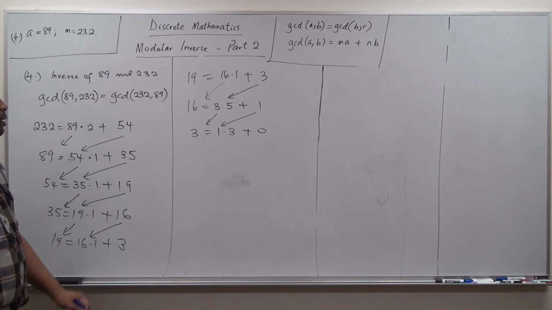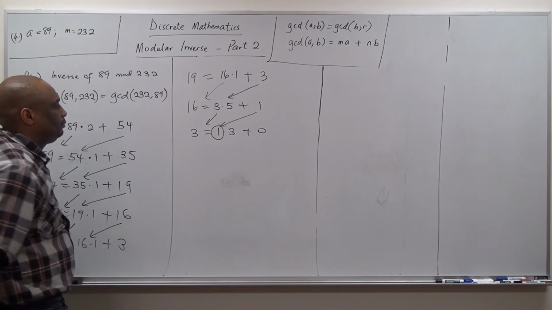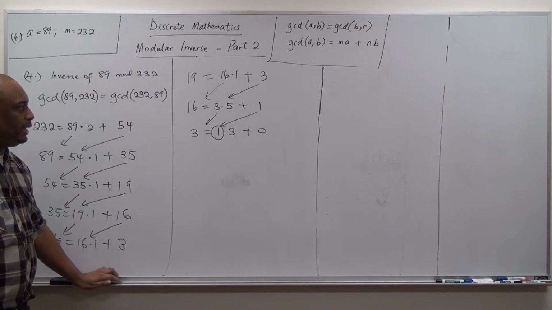So the GCD is 1. Just double checking, it's always good to double check so that you don't make any mistake.